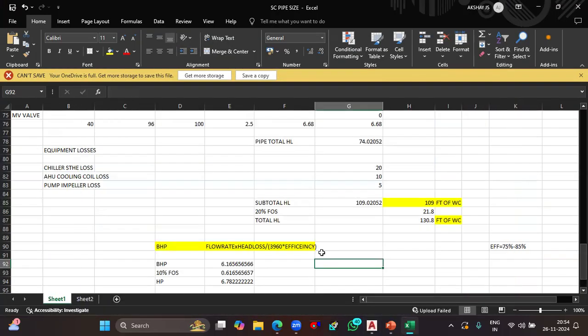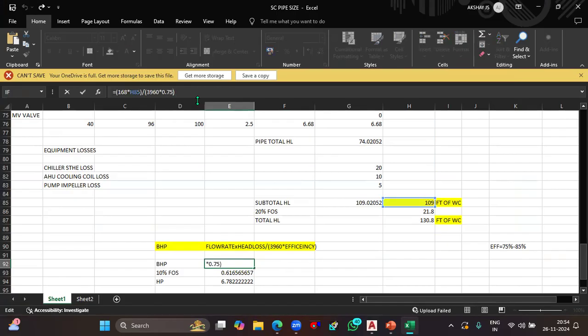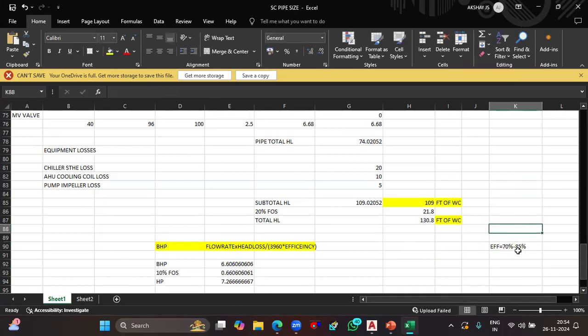So 168 into head loss, which is this 130 feet of water column, divided by 3960 into efficiency. Here I considered the efficiency as around 75%. Generally, it should be 70% to 85%. That's what we generally consider.